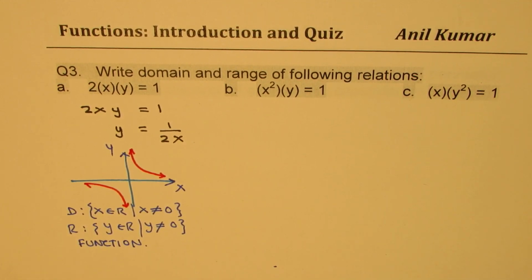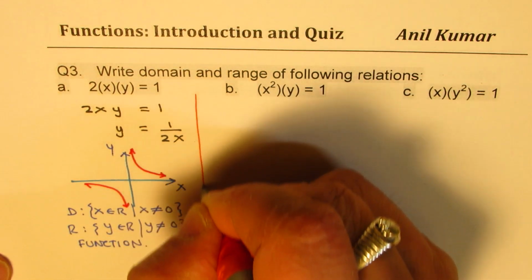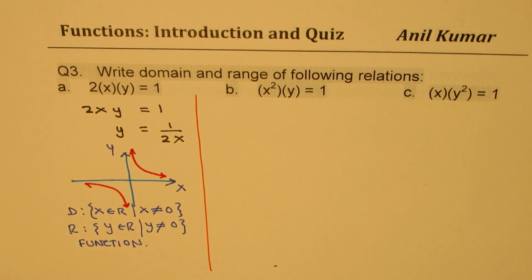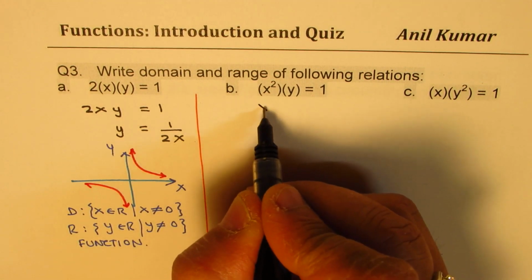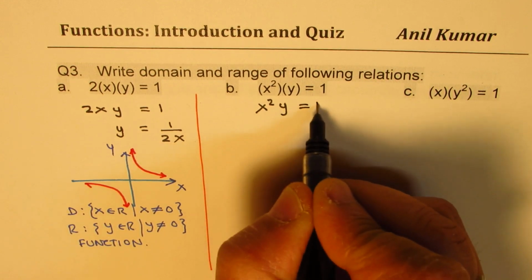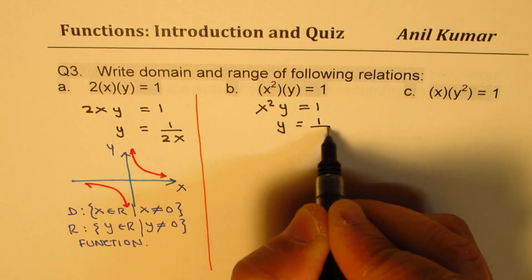The second one, let's try to sketch. First, let's try to isolate y to understand it better. And then we'll decide whether it is a function or not a function, and what is going to be the domain and range. So this is x squared y equals to 1, so y is equal to 1 over x squared.